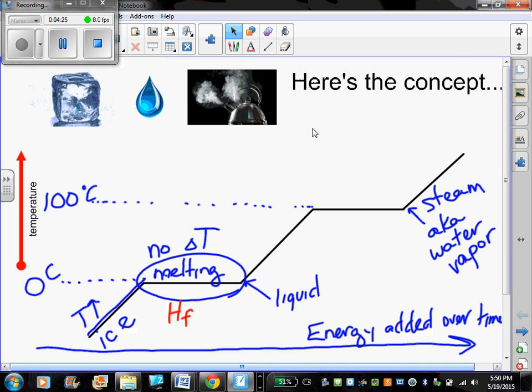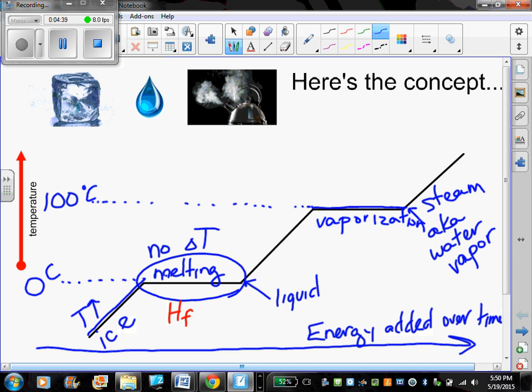We can look again, and we've got another one of those flat areas where a phase change is occurring, and this time we're going from a liquid to a gas. If you remember, that would be called vaporization. And again, because we're still adding energy, but we are not increasing the temperature, we're going to give that amount of energy a special name, and it's not going to be called the heat of fusion this time.